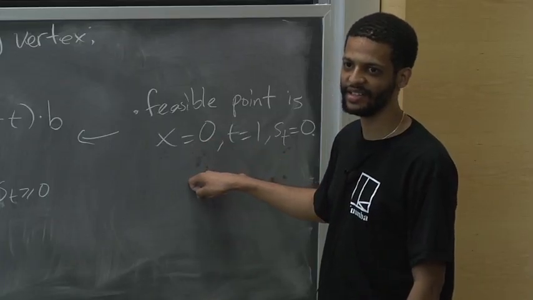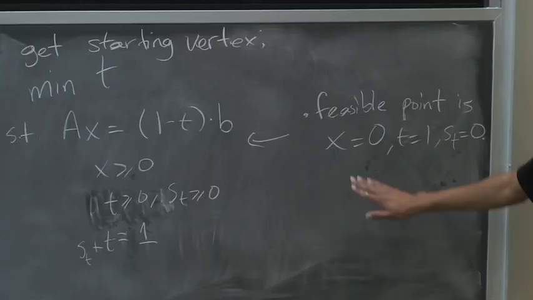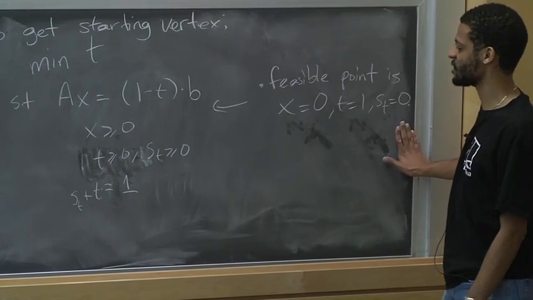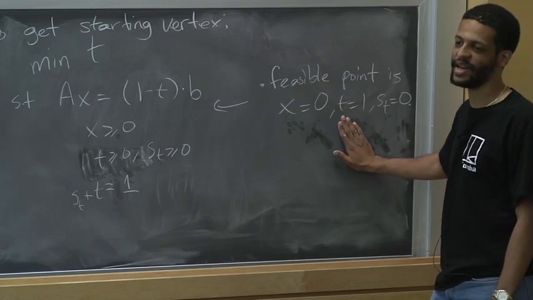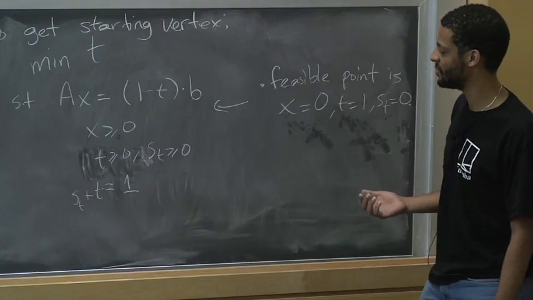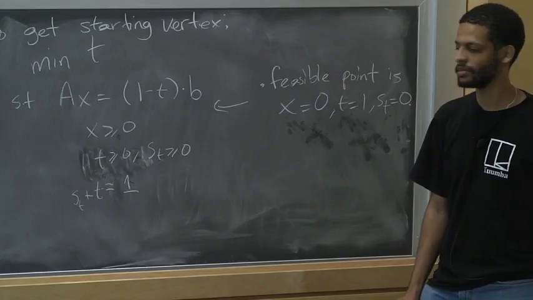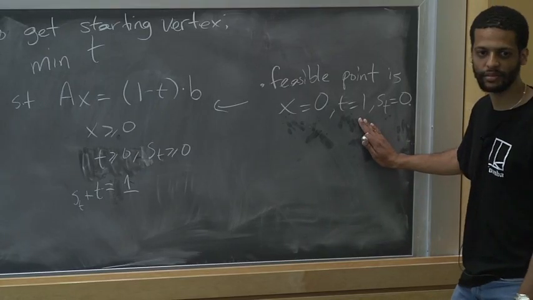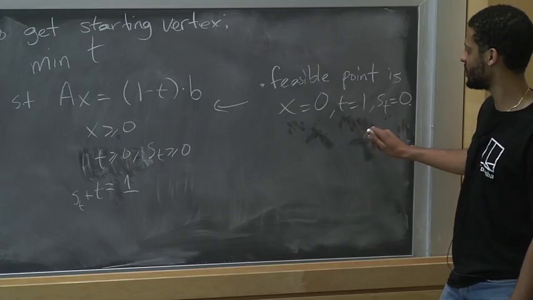We have a constraint that the variables are non-negative, so it can't have any mass here. It also can't have any mass on the slack, for the same reason. And it can't have mass on t, because one of them is going to be positive, and when you add to t, you're going to violate this constraint. t is greater than or equal to 0, but here t is 1.